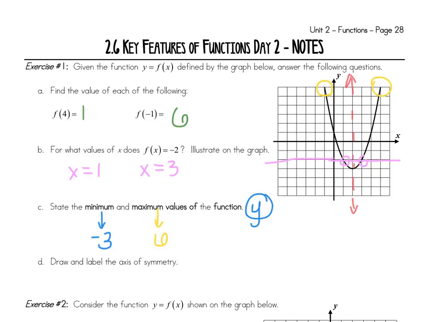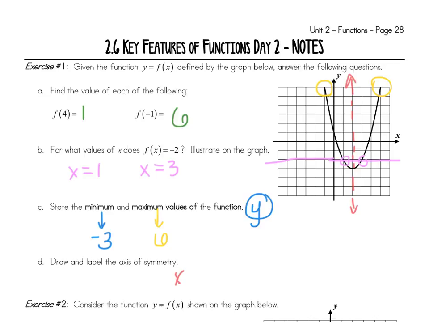If you look at this line, every single point on this line has the x coordinate of 2, whether it be (2, 0), (2, 1), (2, 2), (2, 3), (2, 4), (2, 5), or (2, negative 1), (2, negative 2), and so on and so forth. The one common thing is the fact that the x value was always equal to 2.